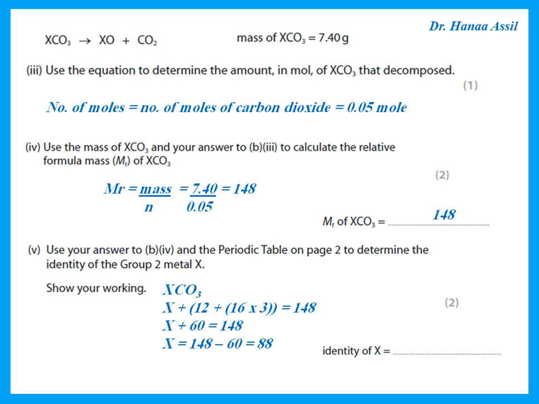I look at the periodic table and he told me it was in group 2. So I look in group 2, which one has a mass number of 88? Looking at the periodic table, is the mass number the big one or the small one? You should know that the mass number is the big one. So I find that strontium is the one that has a mass number of 88.